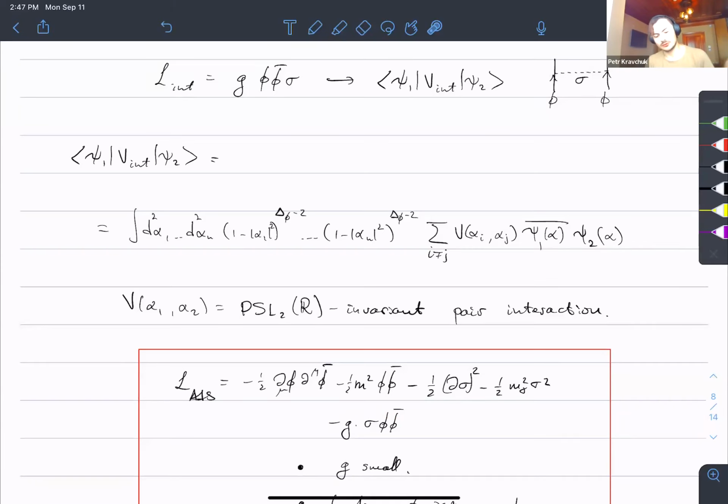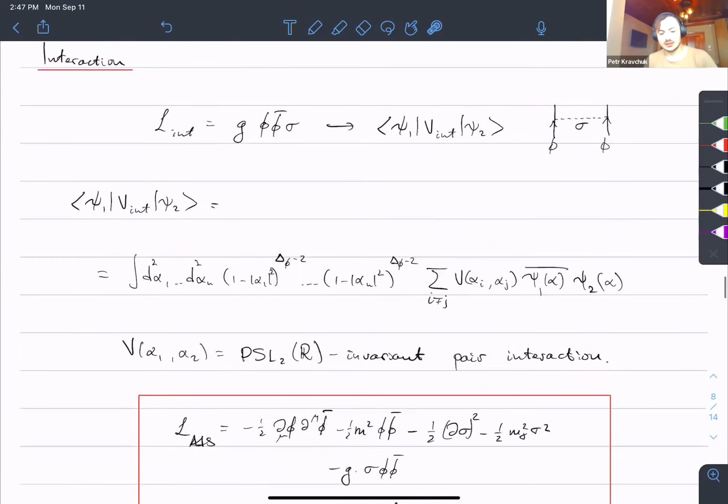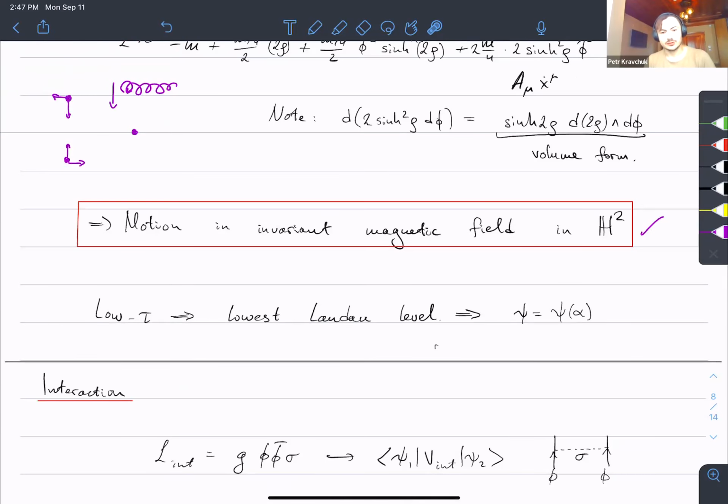I had two ways of understanding this degenerate subspace. One was formal and rigorous, which is to go through the wave functions of this field theory model and just write them down in the free case. Another was to give a more physical interpretation to these wave functions by going through this single particle exercise, where we see that this problem is similar to motion in a magnetic field in the hyperbolic plane for one particle.